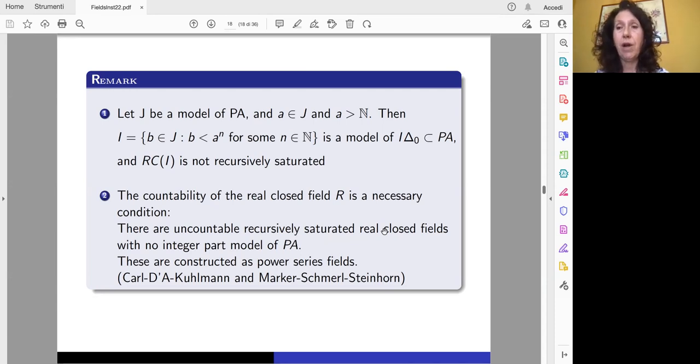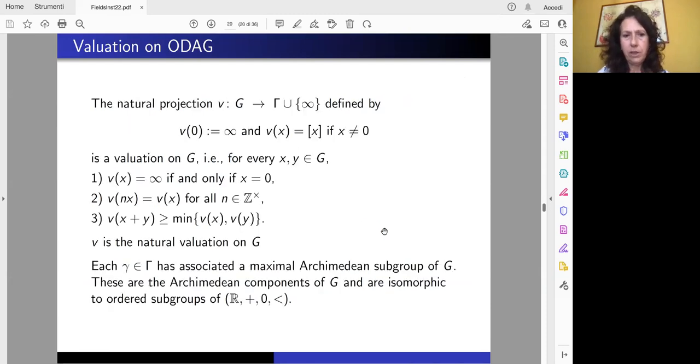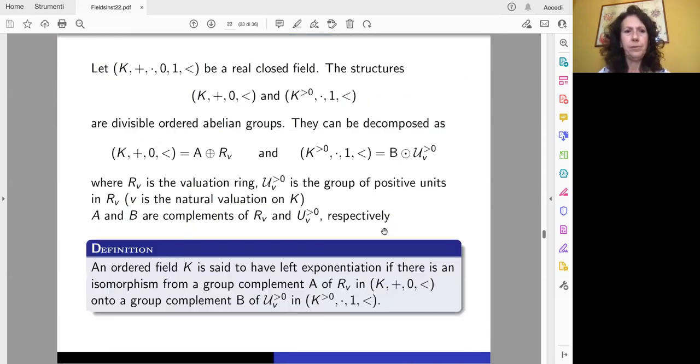And actually these constructions as power series fields and using valuation theory give a lot of methods to construct models or real closed fields with properties which violate some properties, for example.